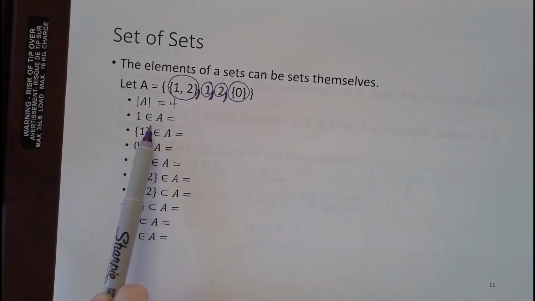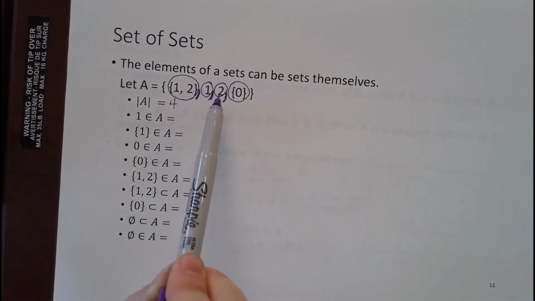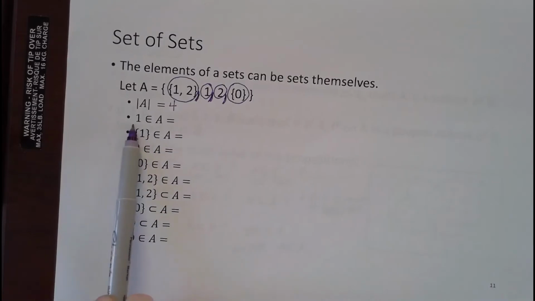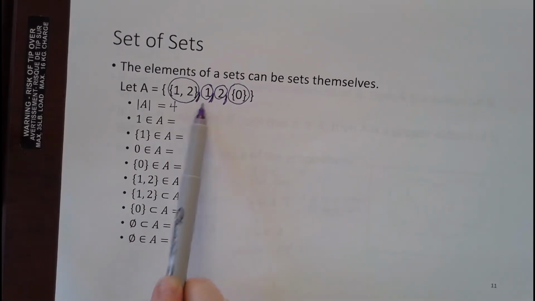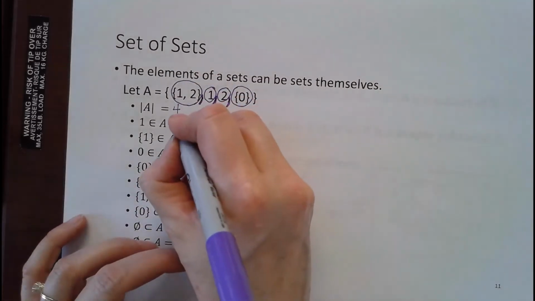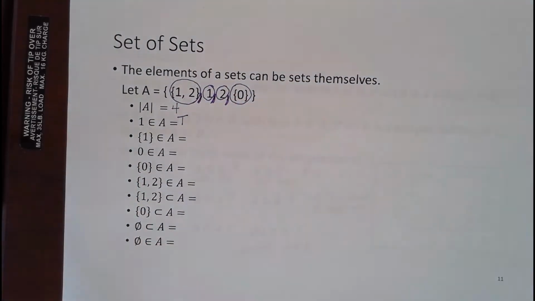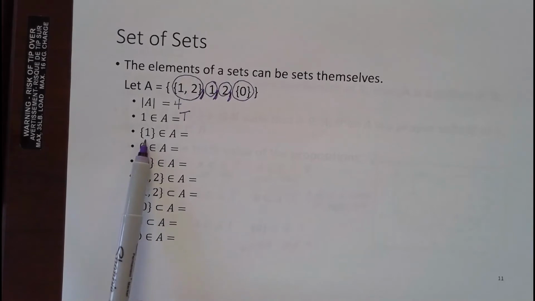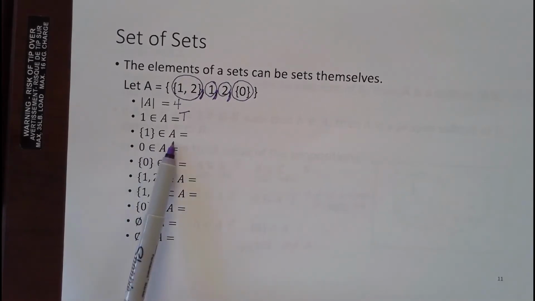So there's 4 elements. Is 1 an element of the set A? If 1 is an element, it should be one of the things that's listed between the commas. Yes, it is, right there. So that is true. Is the set containing 1 an element of A?